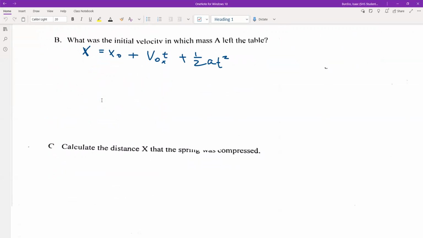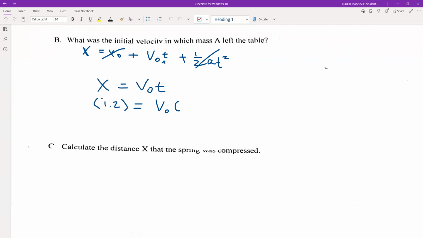Okay. So this is 0. This is 0 because acceleration is 0. Then we just figure out that it's this, and x is 1.2, and time, we got that in the last answer.